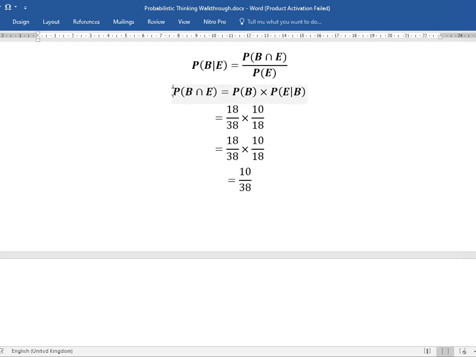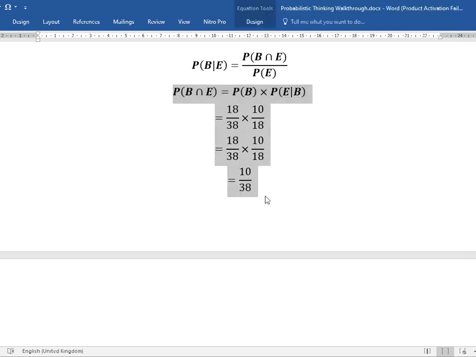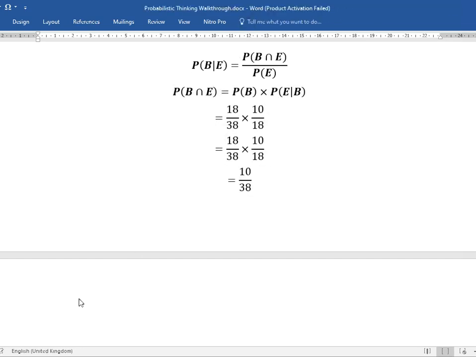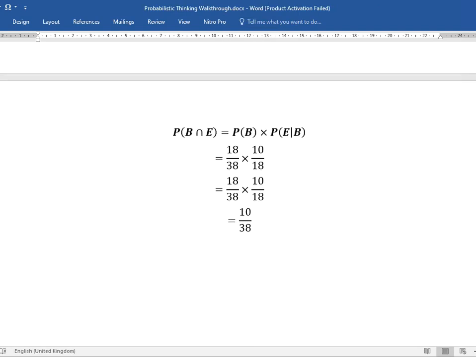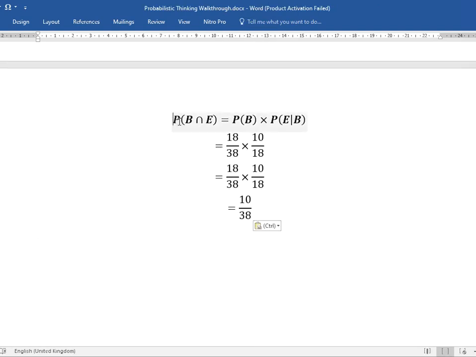So we are done with probability of B intersect E. Let's get the probability of just E. All right. So remember, we're starting with first principles.